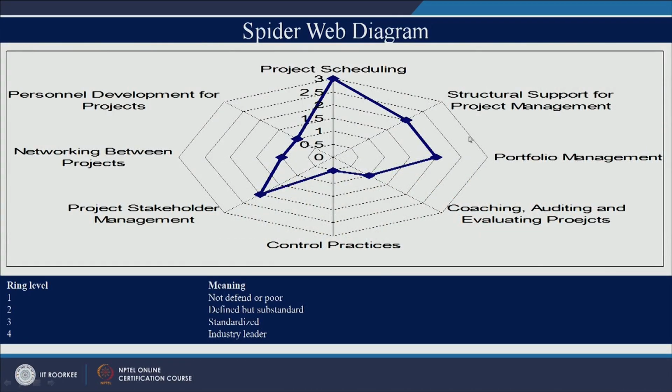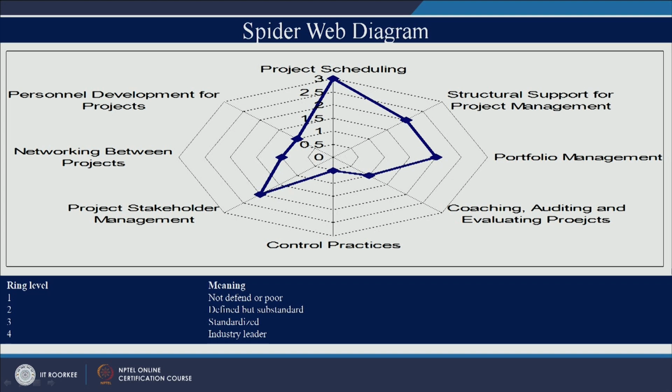Let us say in your organization there are several processes, let us say project scheduling, structural support for project management and so on, and your chief competitor has also got these processes.